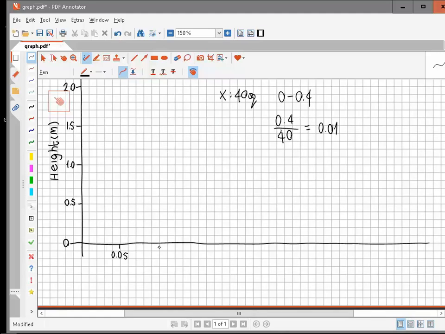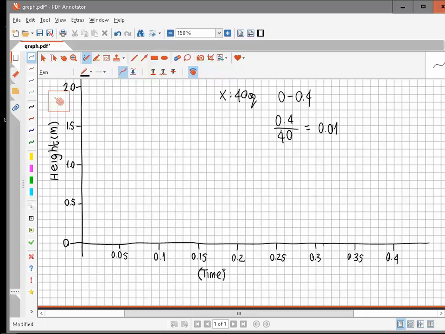Then 0.1, 0.15, 0.2, 0.25, 0.3, 0.35, 0.4.